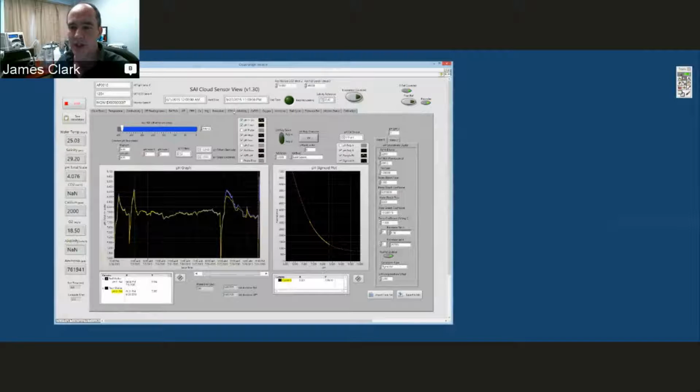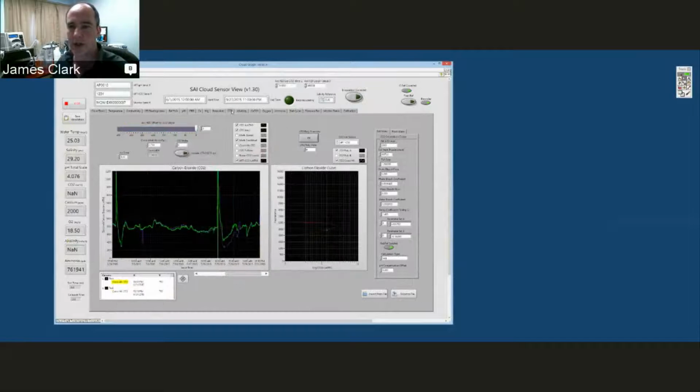Next, I'm going to move on to carbon dioxide, which is the primary parameter of interest for ultimately calculating the alkalinity. The purple line in the background is the precision instrument from Sunburst Sensors.